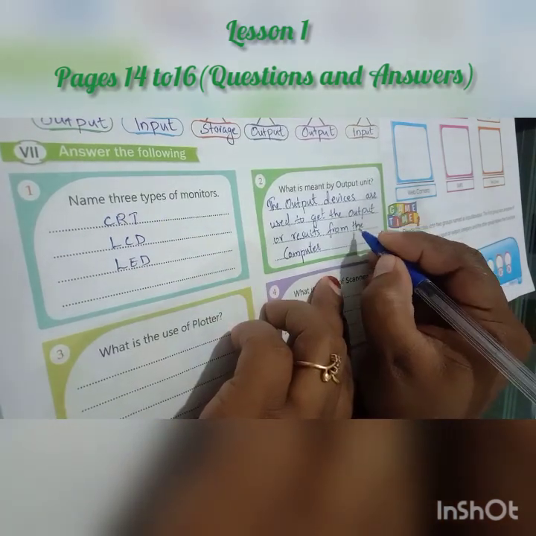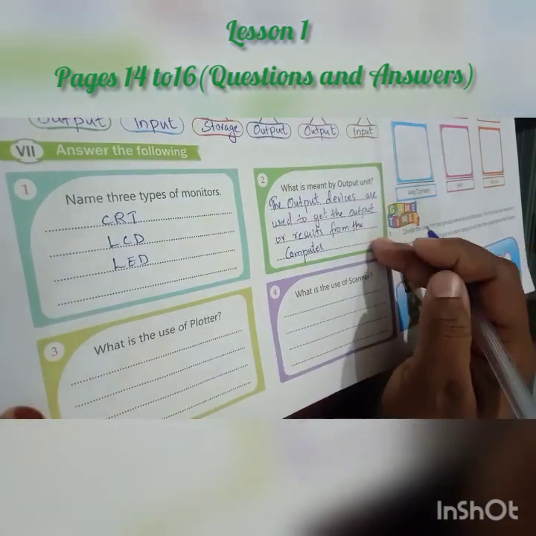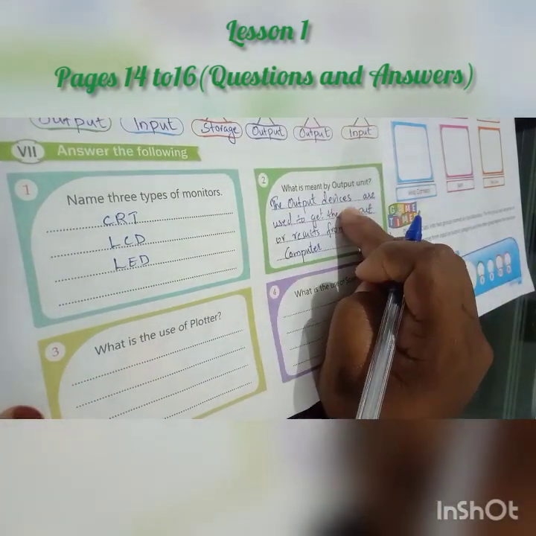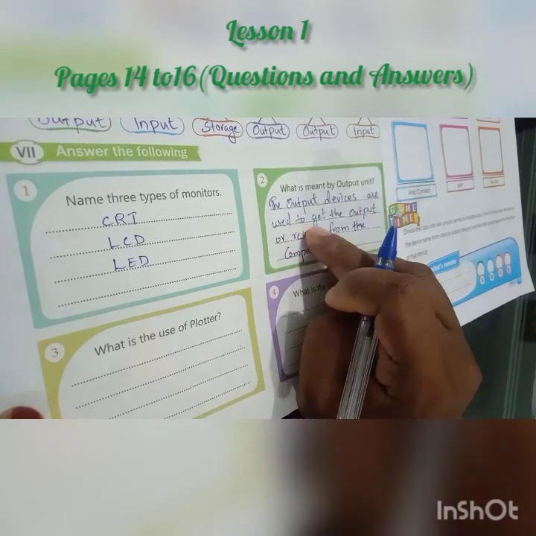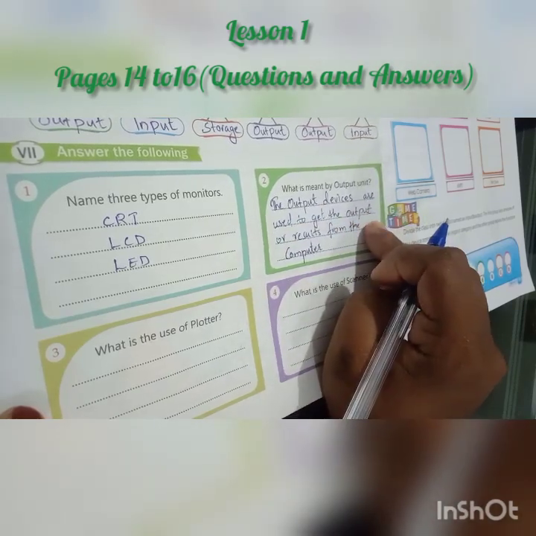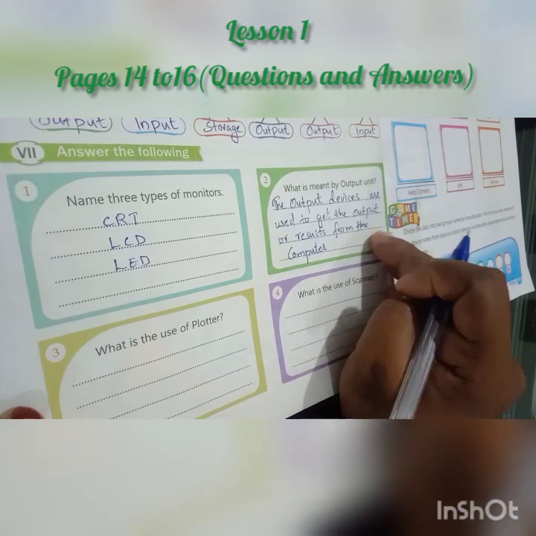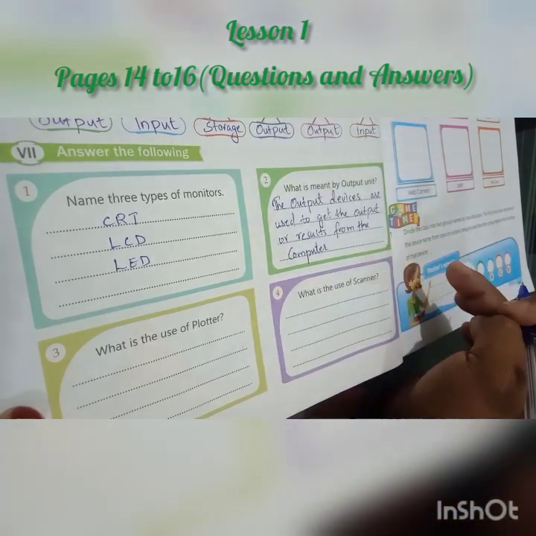Result from the computer. So write this one. The output devices are used to get the output or results from the computer. Okay, children?